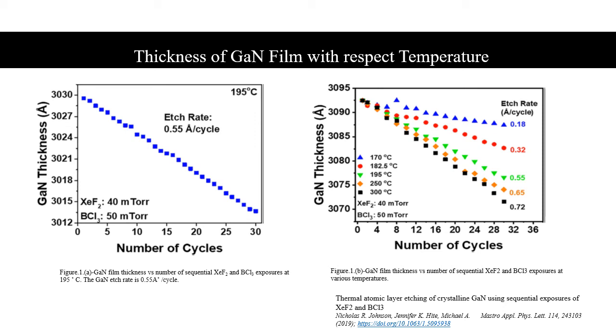Whereas in figure B, with the same conditions and same exposure times, only considering a film thickness of 3093 Angstrom at various temperatures, it showed that the etch rate increased linearly. This increase in etch rate might be because of a thick fluoride layer formed at high temperature, and this fluoride layer is removed by the ligand exchange mechanism with boron trichloride.